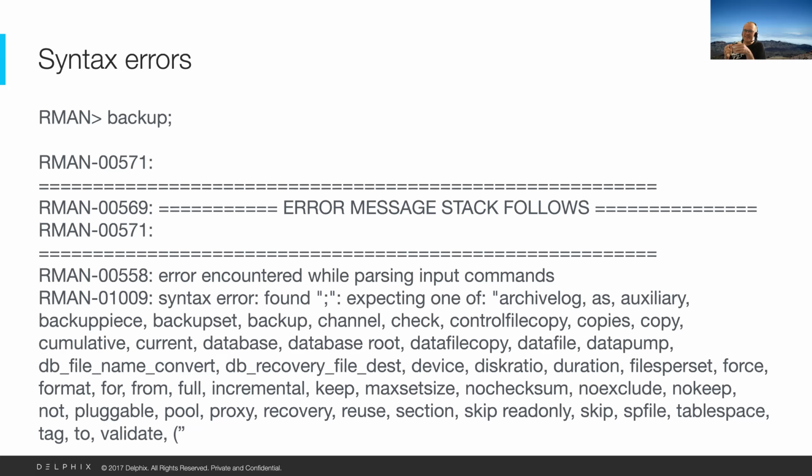Like in my case, I just type backup, and the error message says it doesn't know why I have the semicolon at the end. It was expecting archivelog, auxiliary, or something like this. So it gives you some advice on what should be the next word which was not recognized by the script itself.